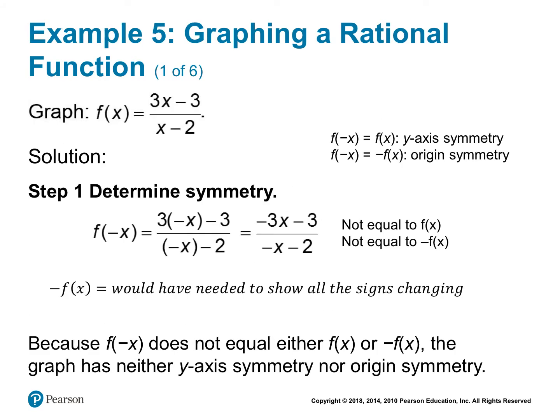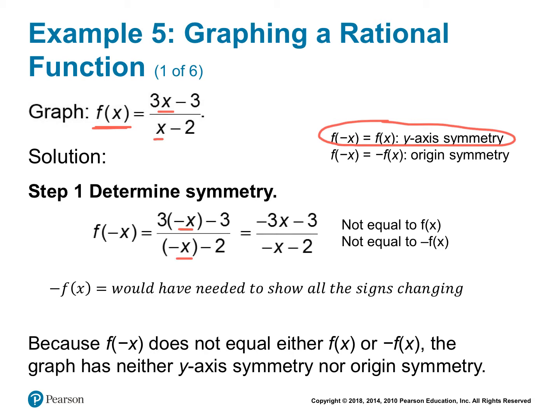So we're trying to graph f of x equals 3x minus 3 divided by x minus 2. Our first step is to determine symmetry. So we want to know, let's try this first, if we find f of negative x, is it equal to the original f of x? If I replace all my x's with negative x, let's see what happens.